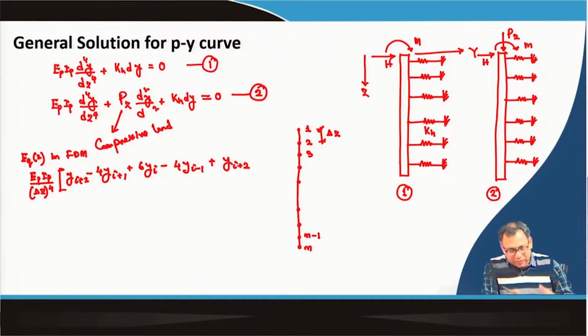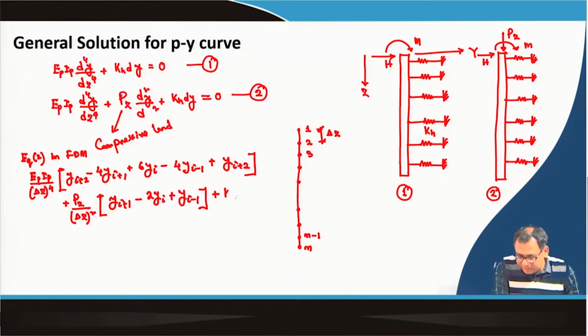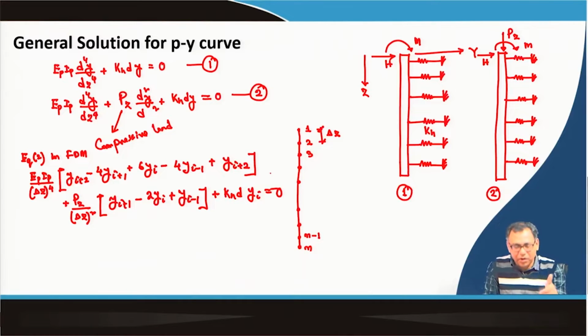I have already discussed how these equations come in finite difference form. Then plus Pz divided by del z square, times y(i+1) minus 2 y(i) plus y(i-1), then plus k h d y(i), is equal to 0. This is the finite difference form of equation number 2, because that is the more generalized equation, where we have considered the effect of compressive load also.